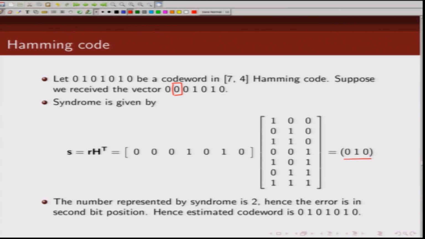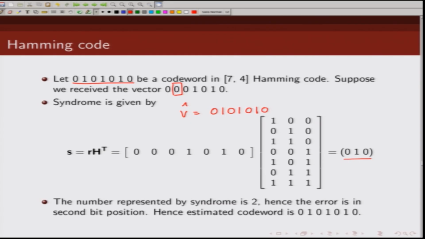So, my second bit is in error, and since we are talking about a binary code, this 0 should have been 1. So, my estimated code word is then 0 1 0 1 0 1 0, and you can see that is what I had transmitted. This is the same code word that I have transmitted.